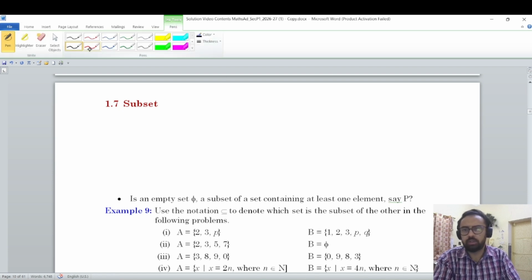So basically, what is a subset? Suppose capital A is a set and B is another set.